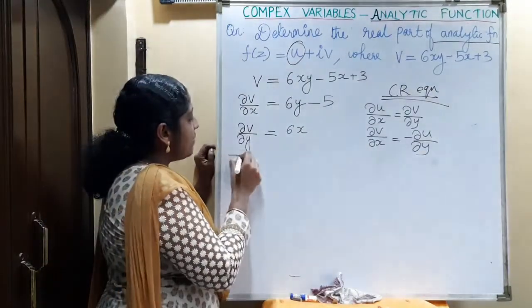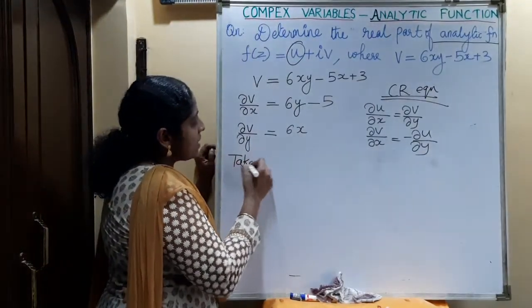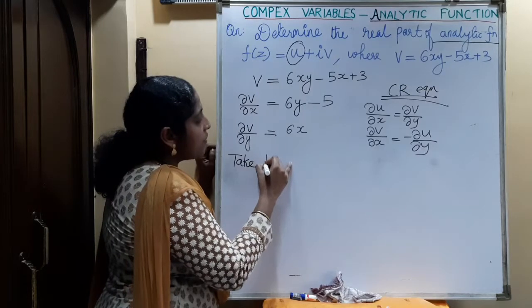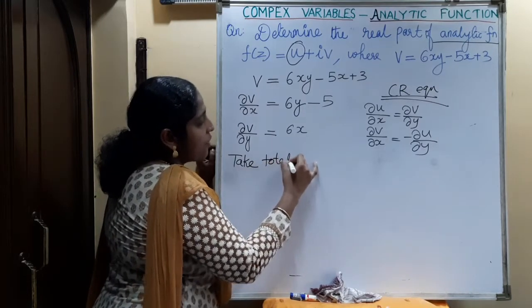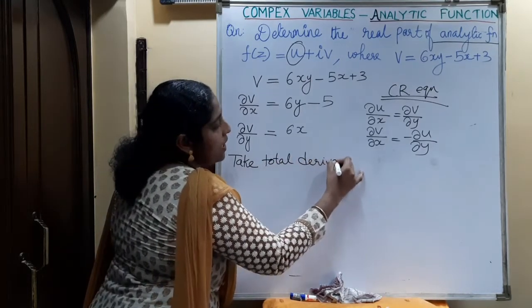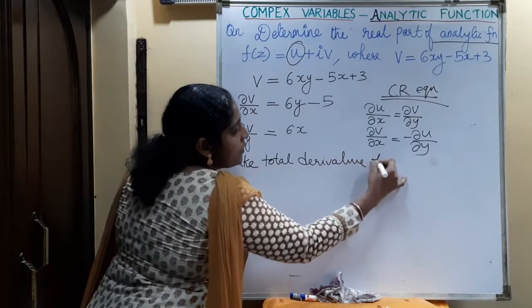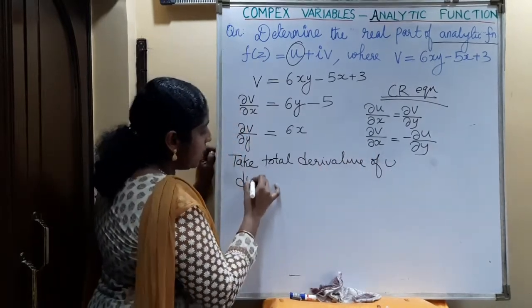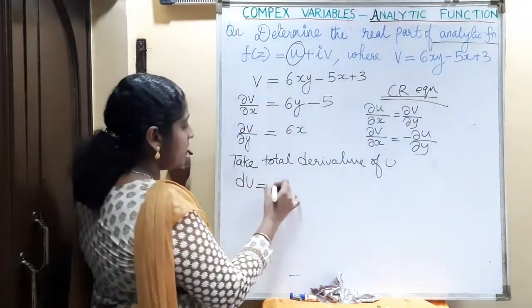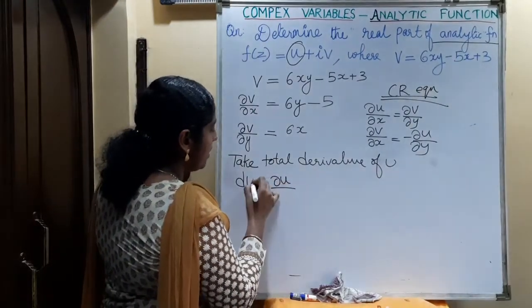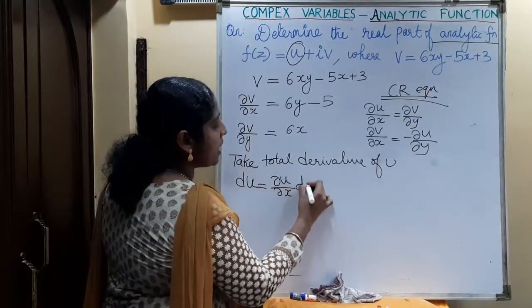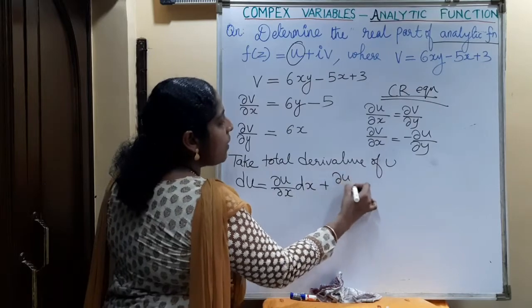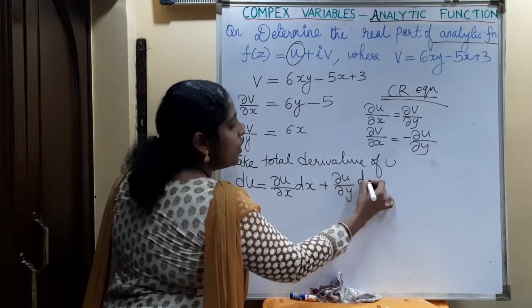What we must do first is take the total derivative of u. So du is equal to dou u by dou x into dx plus dou u by dou y into dy.